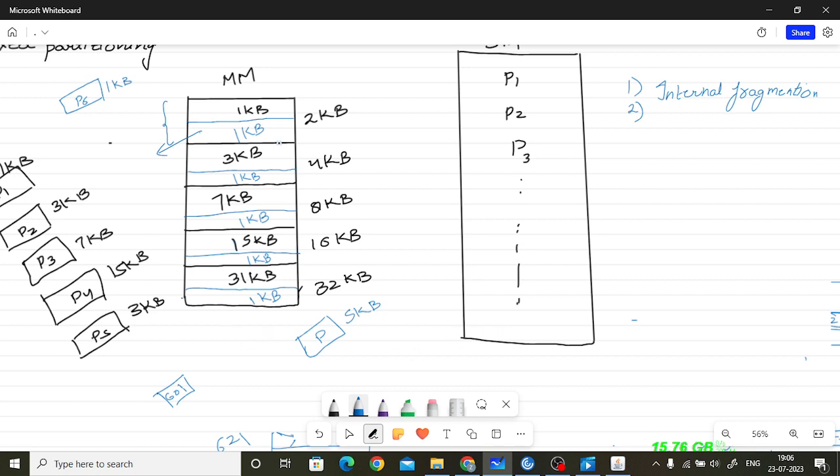So there is a total available space of 5 KB here, 1 2 3 4 5 KB of space is there, but we can't accommodate the 5 KB process into the main memory. So this is called external fragmentation.